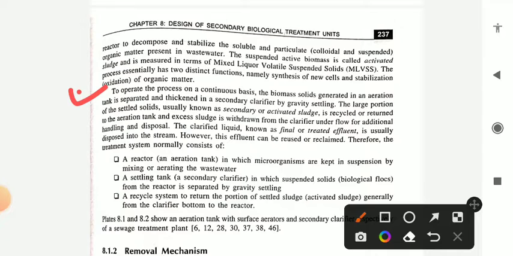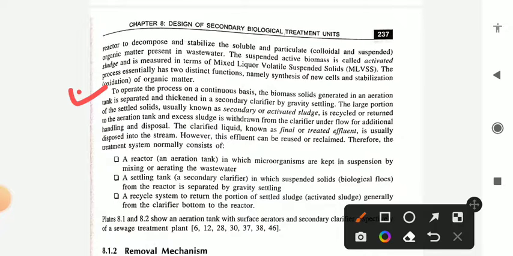Now to operate the process on a continuous basis, the biomass solids generated in the aeration tank are separated and thickened in the secondary clarifier by gravity settling.